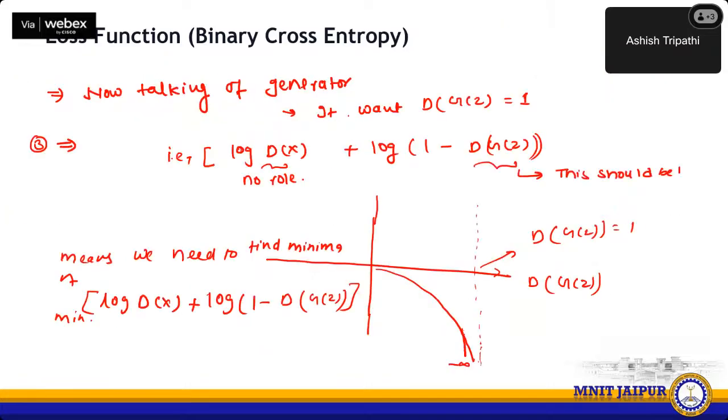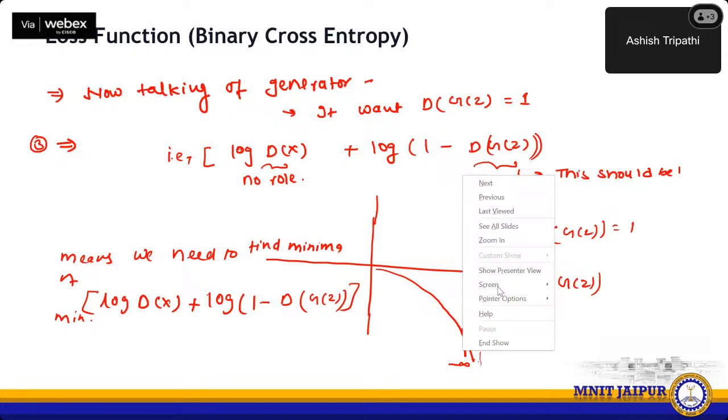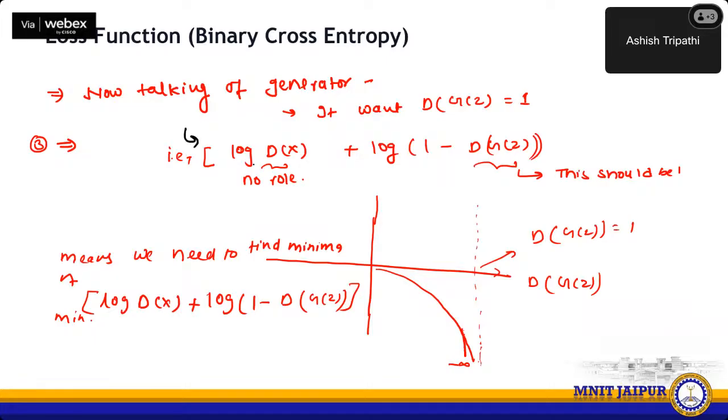Now if I talk about the generator loss, what will be the generator loss? I'm talking about the same equation, that is log of D of x plus log of 1 minus D of G of z.